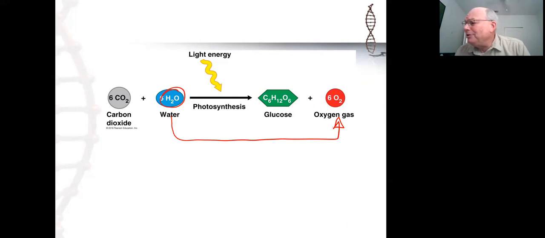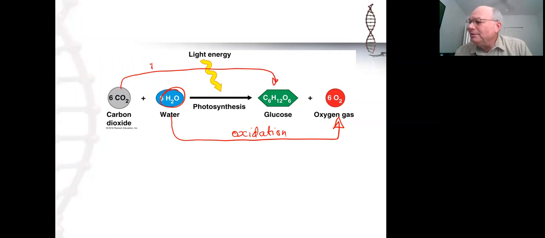So when we talk about loss of electrons, remember OIL RIG or LEO goes GER. Leo the lion goes grr. This would be loss of electrons, and loss of electrons is oxidation. So water is oxidized to oxygen. That means that carbon dioxide must be being reduced to glucose.